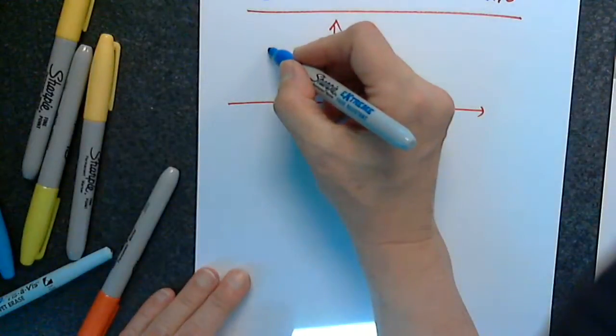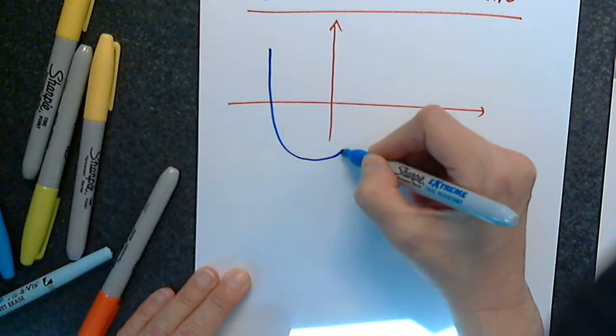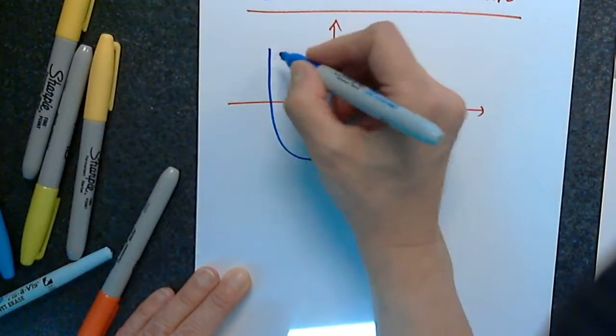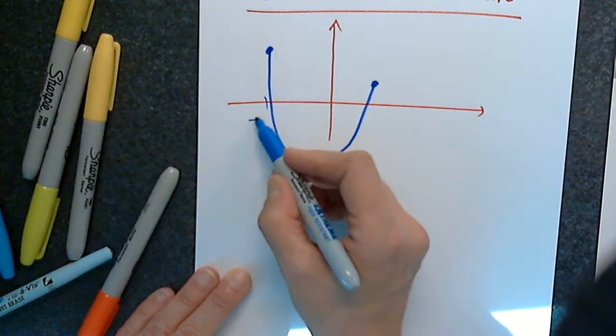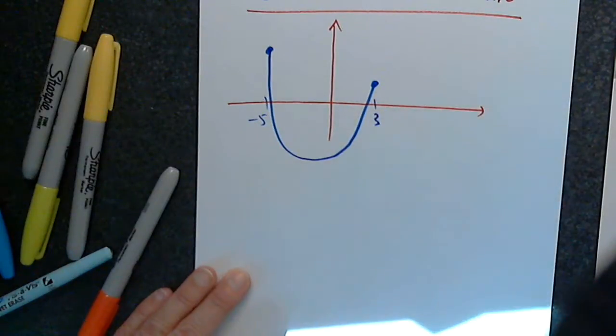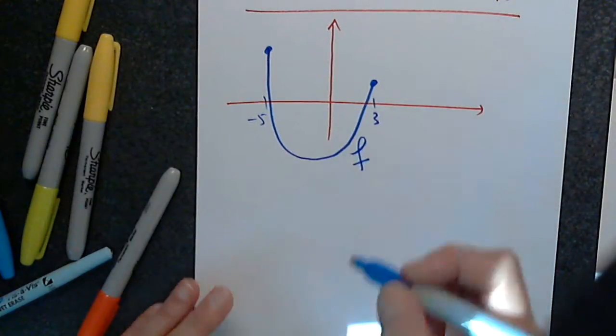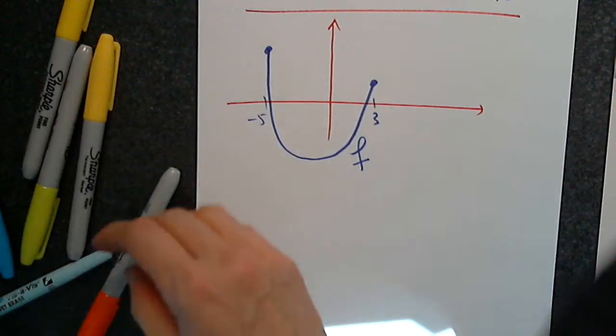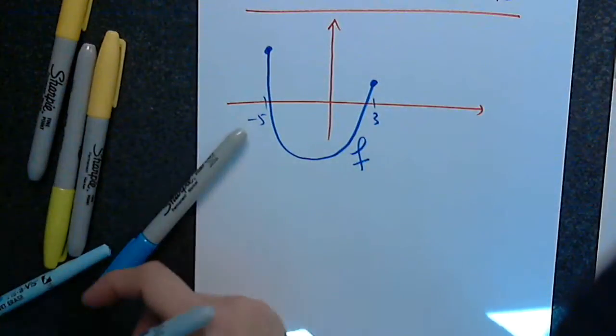So here's the graph of a function. And let's say it goes from -5 to 3. I'm going to call this f. And let's say this is another function.